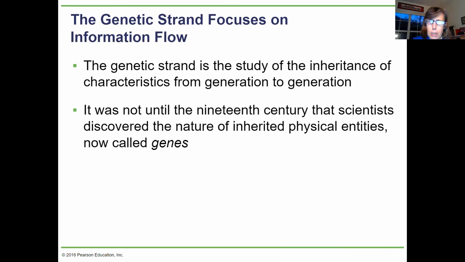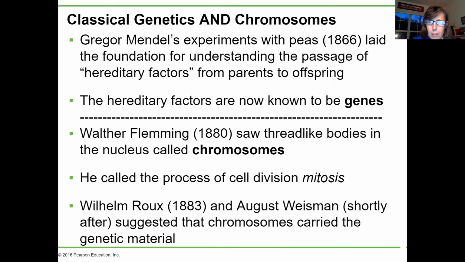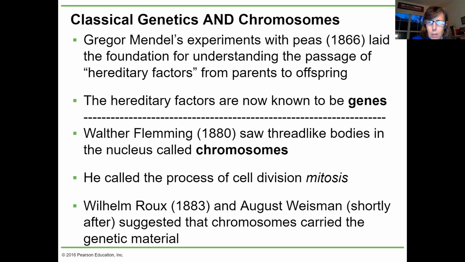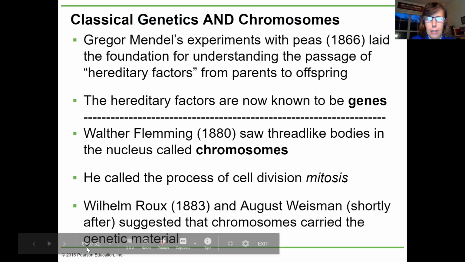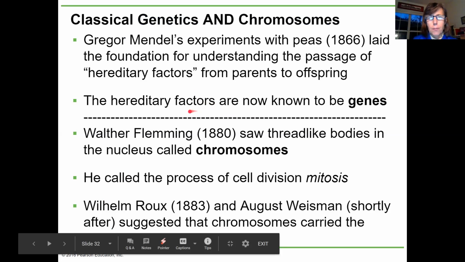All right, and the third strand is that of genetics. Early genetics involved Gregor Mendel's study with peas and the different other scientists that were involved in understanding heredity, and naming the heredity factors as genes.